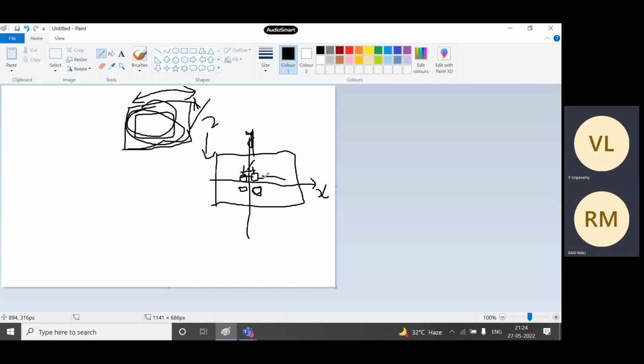The interelement spacing between these two is again 15 mm, between these two again 15 mm, and similarly here also. This is for the case of center fed reflector array, where the feed location is at the center.